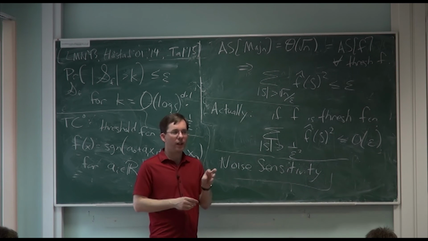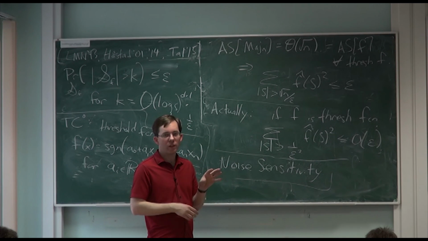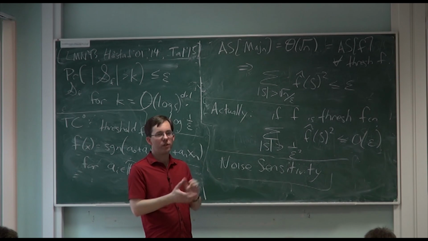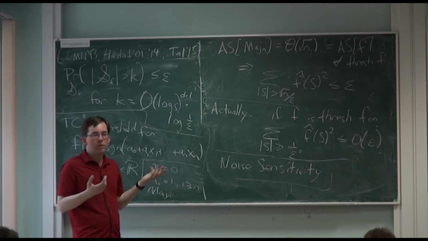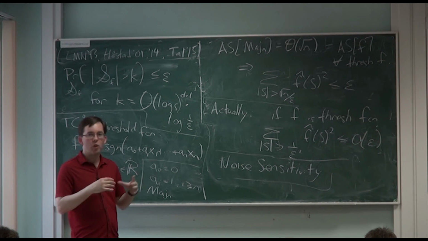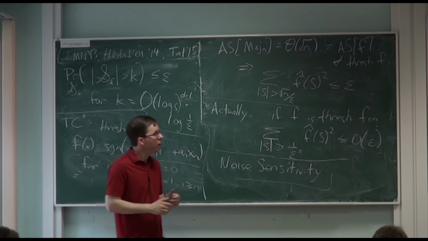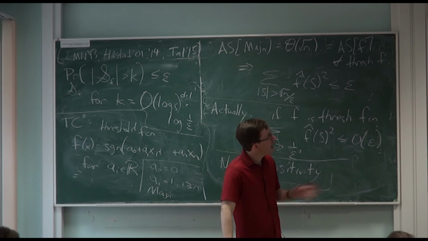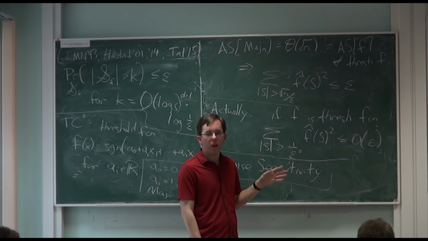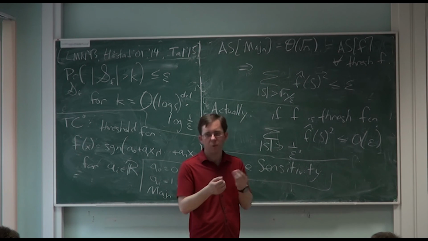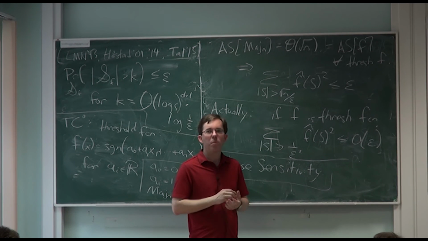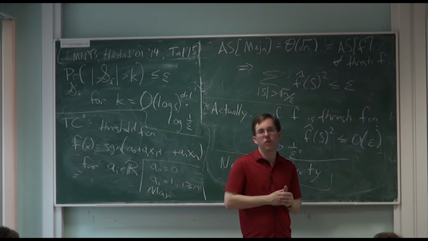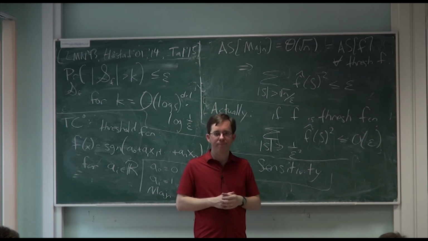You'll get error in the squared norm loss, so the expected value of the square of your hypothesis minus your function will be small. The one thing you're lacking is then you have to say, okay, for my real valued function, how do I show that it has most of its Fourier coefficients on small sets? You can try to do that somehow. The thing is, average sensitivity and noise sensitivity don't apply so well to real valued functions, because they look at the probability that f's value changes when you flip a bit. It's not so natural when the values are real. So you can say some things, but you might need to look for other methods to show that Fourier concentration is good.